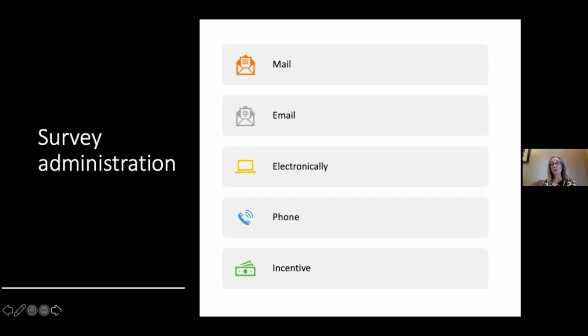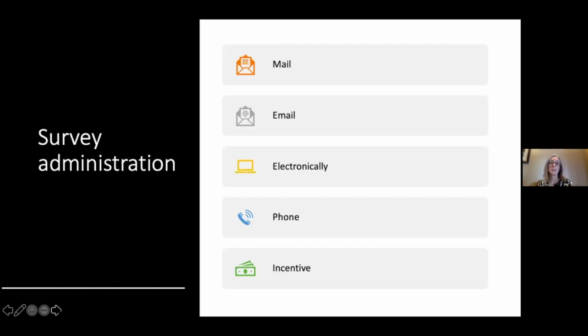It also turns out that if you provide an incentive, so not just incentive in terms of capital, getting somebody that is a part of that group, but an incentive like a pen or $1. Even $1 will do it.